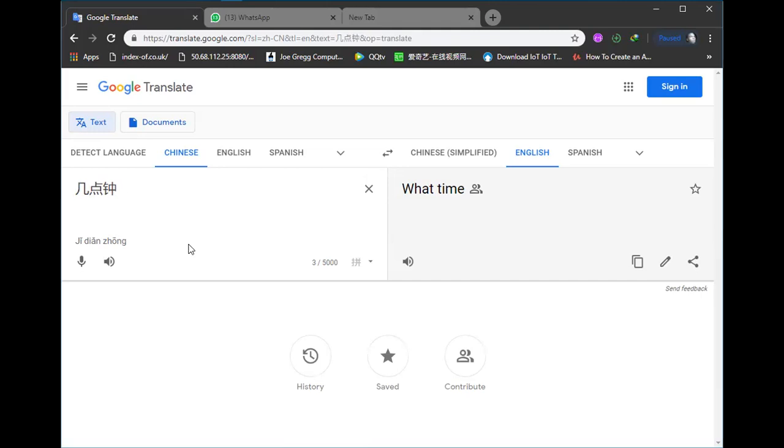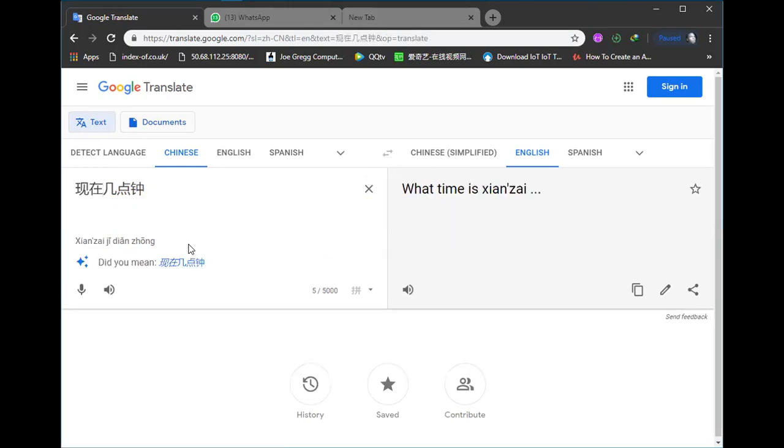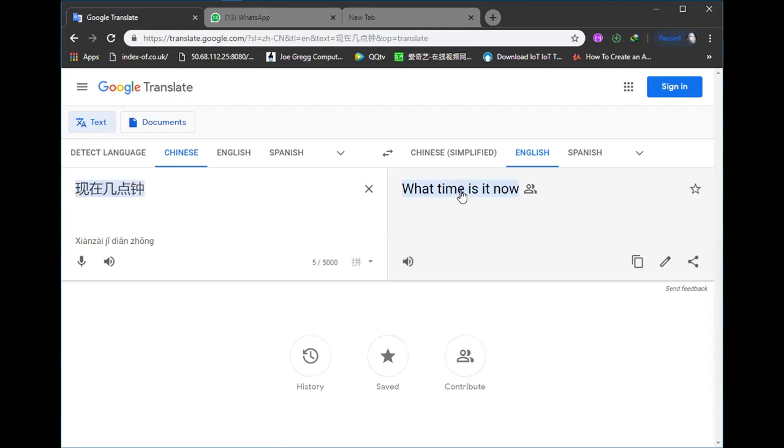So if we add 现在, which we just started with, now we say, what time is it now? 现在几点钟？ So if you remove 钟, what do you think that means? 现在几点？ What does that mean?